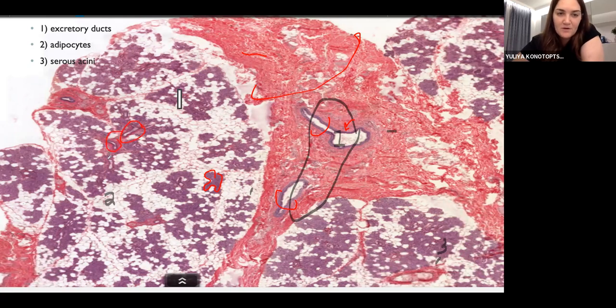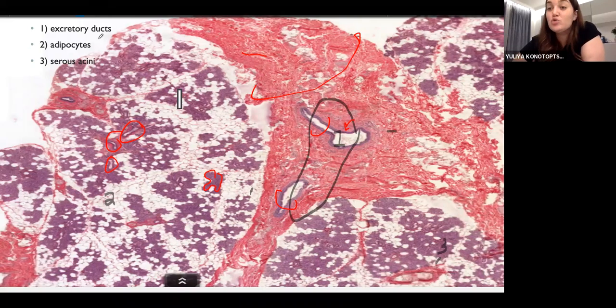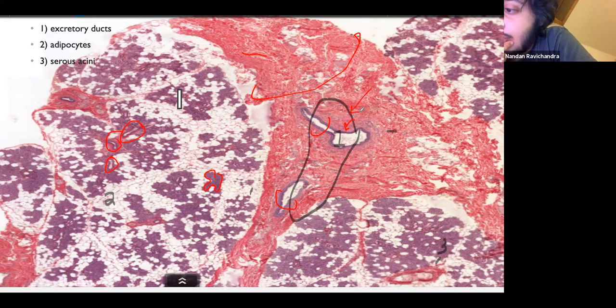Here they are. So is it looking the same? No. Absolutely not. So this is why excretory ducts are divided into two: intralobular excretory duct and interlobular excretory duct. Which one is this? Inter, right?